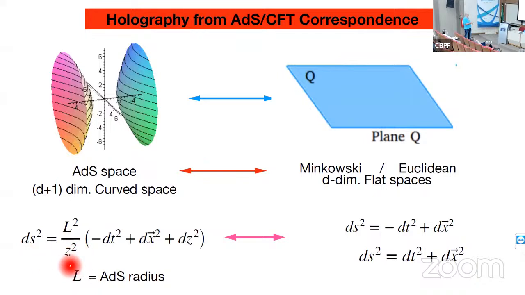And z is the coordinate related to this part of the metric, which is singular for z equal to 0. This is a characteristic of the AdS space. This is the simplest coordinate description of the AdS space, which we are going to use as the starting point to propose models to describe QCD-like theories. And these are related to usual Minkowski or Euclidean space, just depending on the sign you put here for the t part, okay?